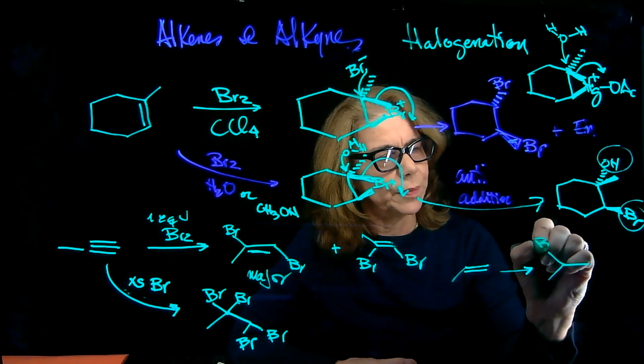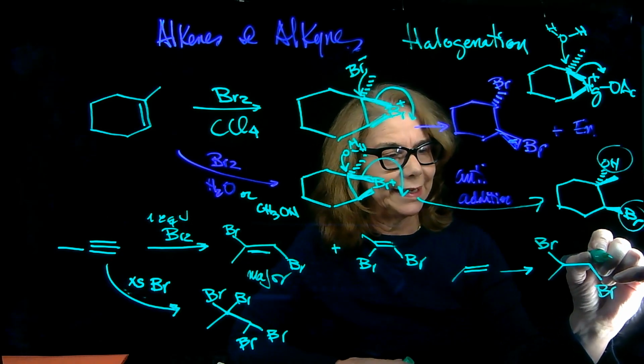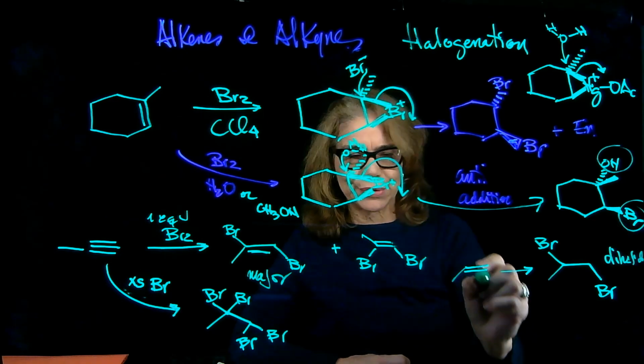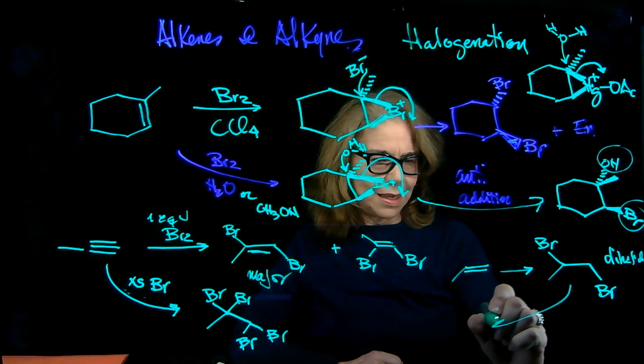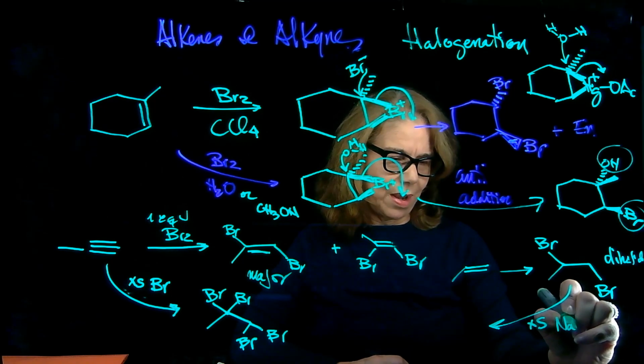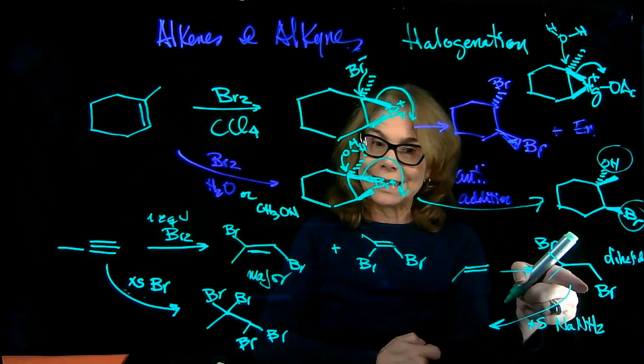I'm going to add bromine and bromine. This is a dihalide, and this is used to synthesize alkynes using an excess of sodium amide. So that's what's important here of that addition to alkenes.